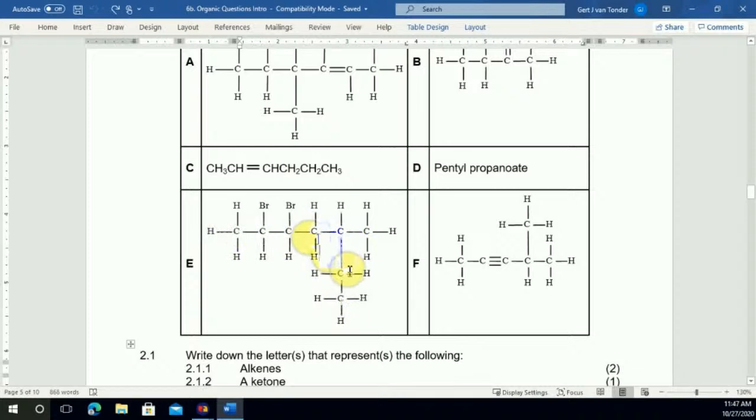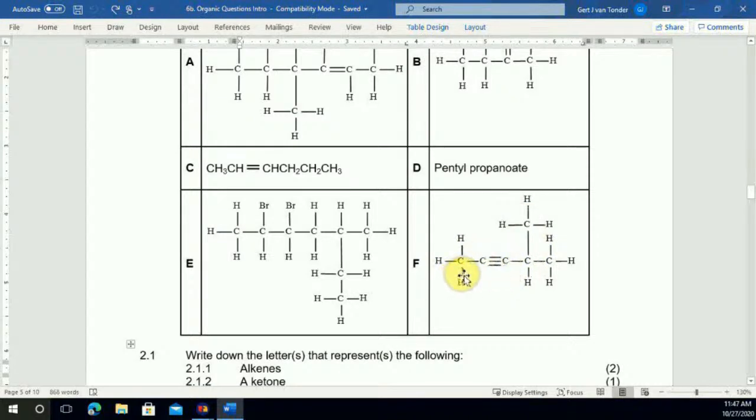7 carbons is heptane, 8 carbons is octane, 9 carbons is nonane. The list was given to you yesterday by Kashif. Right, and then we have to name number F. There's number F, that is the longest chain. There's a methyl substituent, but the longest chain is 1, 2, 3, 4, 5. So it's pent, and there's a triple bond and a yne.